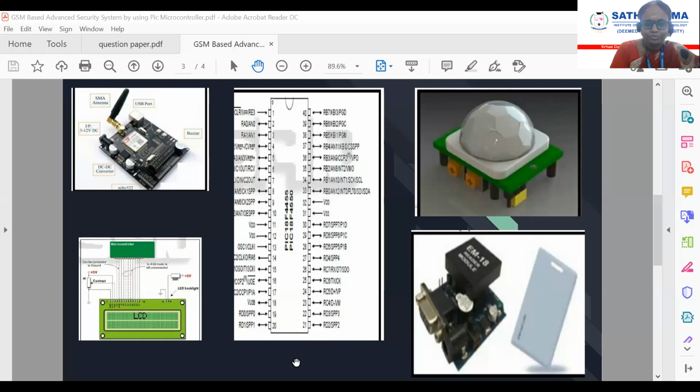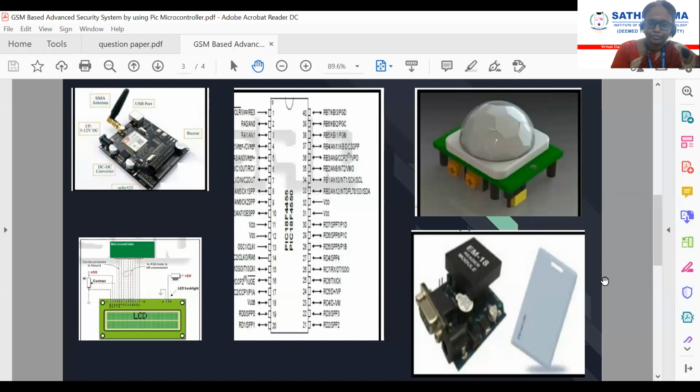The PIR sensor is the first level of detection. Here it's used to detect a human at the border. If the PIR sensor does not detect, the system will not go for further security steps. The second level of security is the RFID module, at the bottom right corner. It's wireless and uses an electromagnetic field to transfer data.